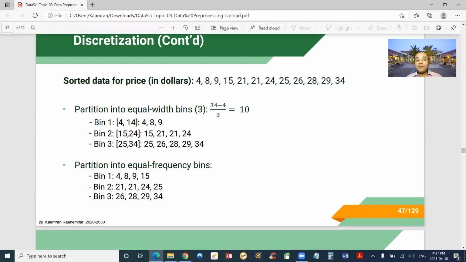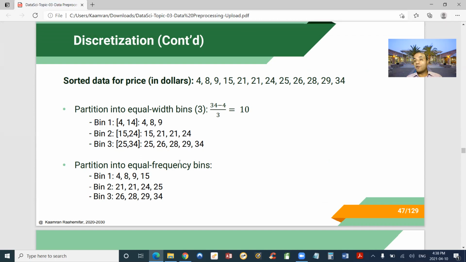Now, equal frequency binning. Take a look at this one. The way I did the binning, I had 3 numbers, 4, 8, 9, but in the last bin, 25, 26, 28, 29, 34. So it's not an equal number of balls in that sense. Here I'm going to say equal frequency. What do I mean by this?